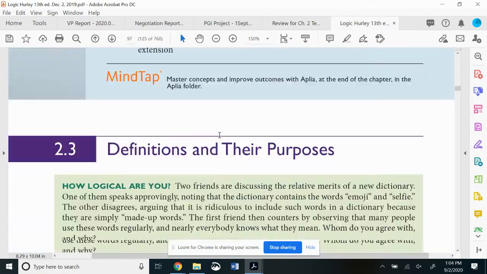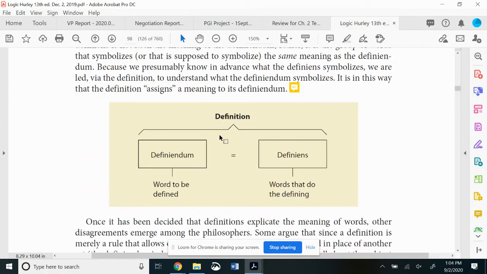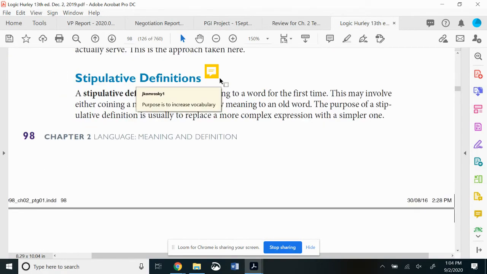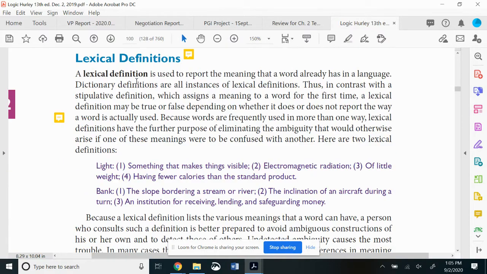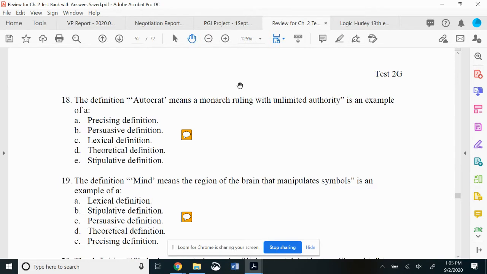So let's go down. There was that definiendum, definiens, stipulative, lexical. Yeah, see, here we are in lexical, section 2.3, and it's going to use the example of light. And notice light has 4 possible meanings. You could use a number or a semicolon to divide each one. Usually that's what you're going to see when you see lexical.